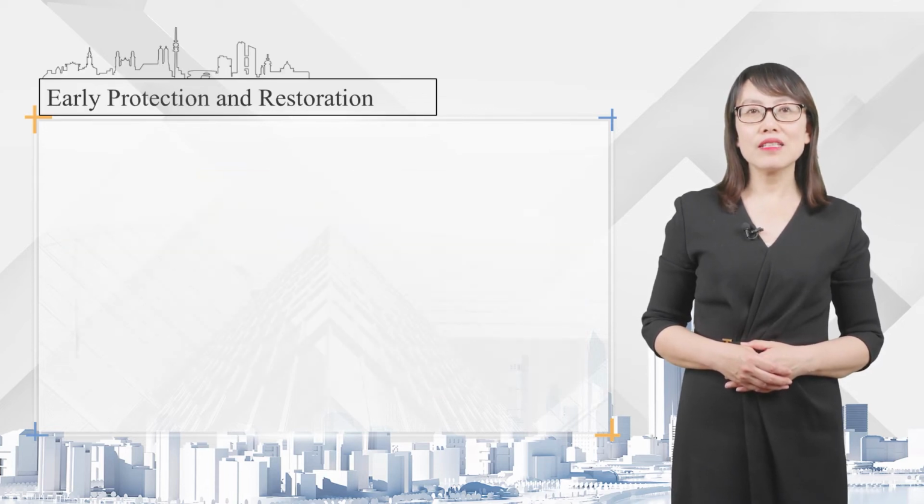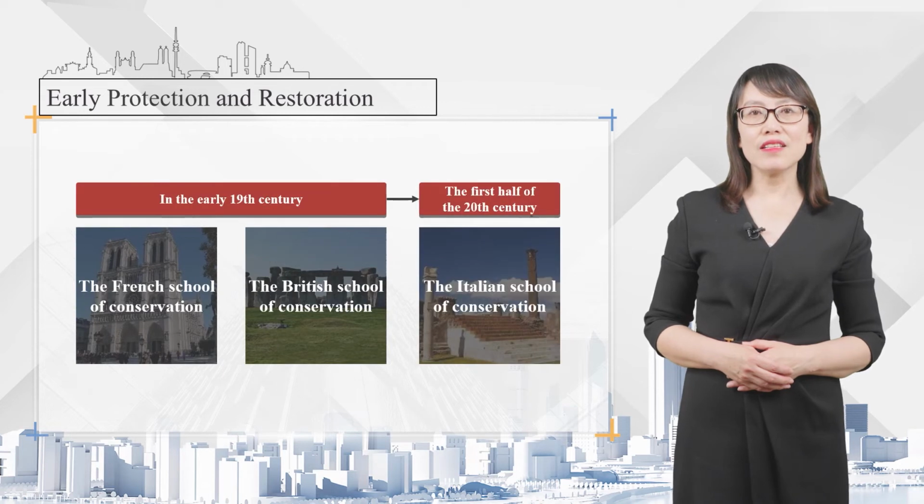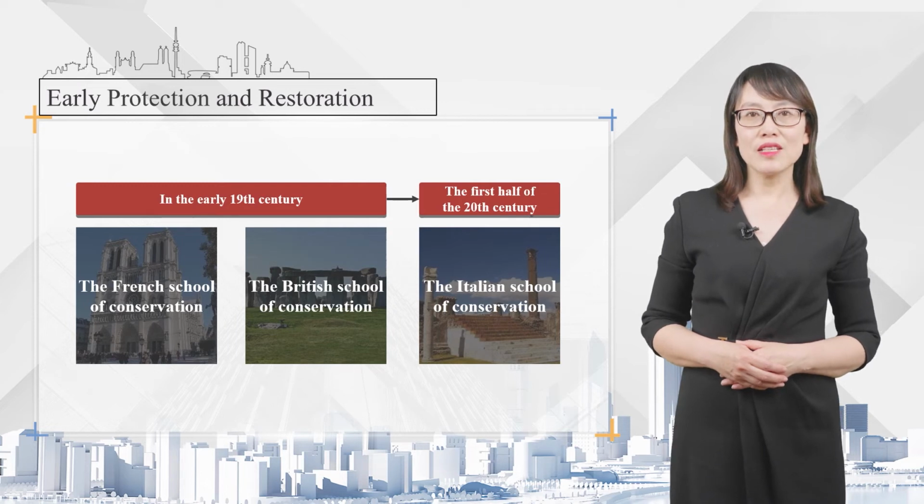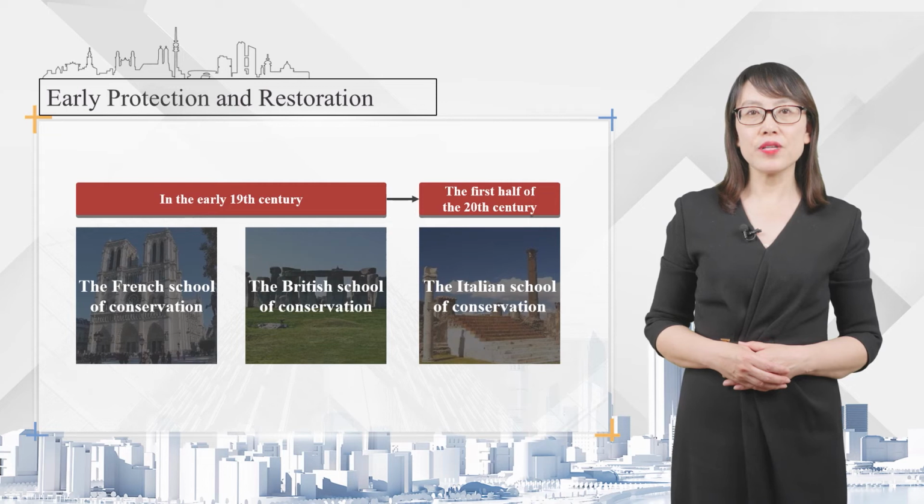From the last lesson, we learned that in the early 19th century, the theory of building restoration in Europe developed rapidly. Because the objects of protection at that time were important historical relics, the protection pattern of this period was mainly reflected in how to restore the relics.